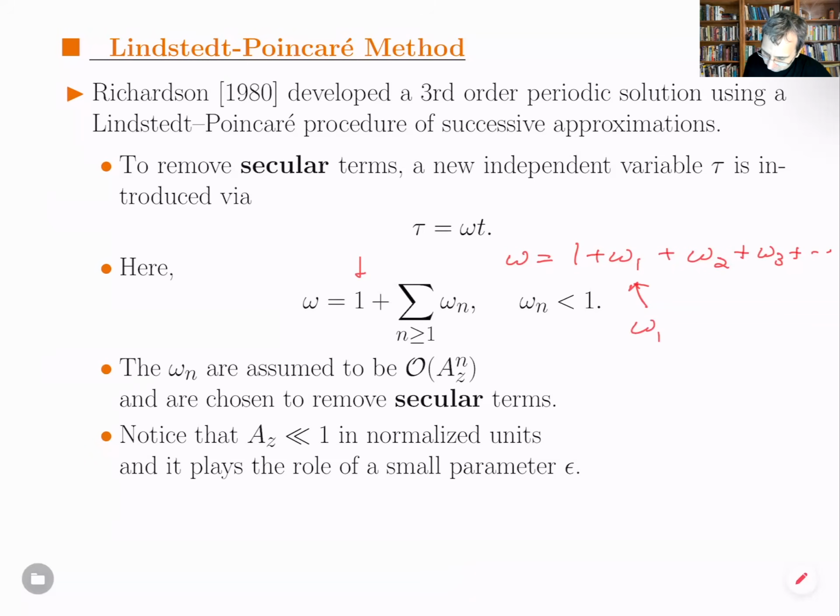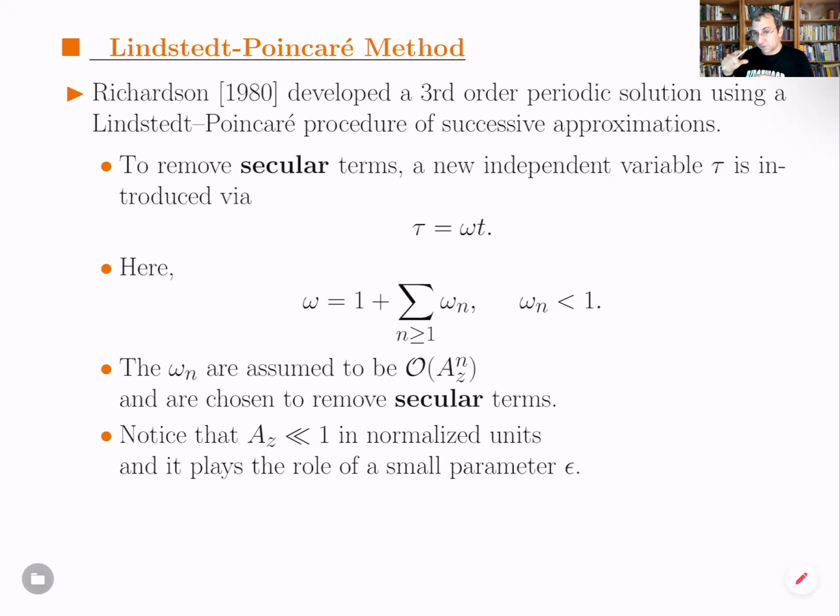So omega 1 is assumed to be something of order AZ. Omega 2 is assumed to be something of order AZ squared. Where we're using AZ in the normalized units, where the distance between the Lagrange point and the secondary mass is 1.